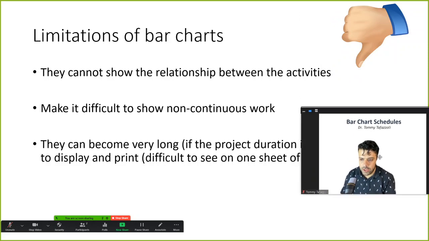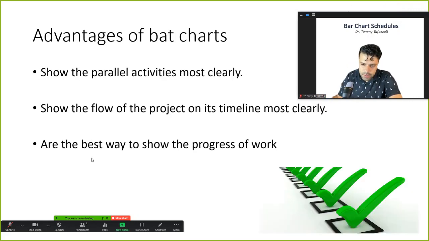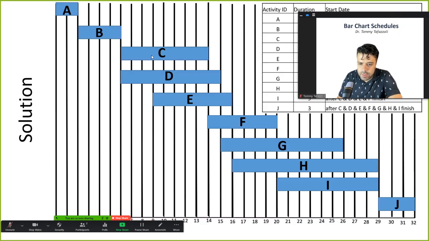The limitations of bar charts are, and this is the last slide of the day, that they cannot show how two activities are related. Let's go back to this. For example, here, can you say what kind of dependency exists between C and D, between C and F, just by looking at this bar chart?